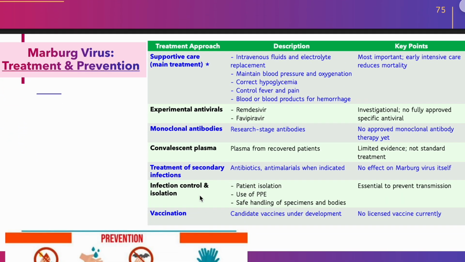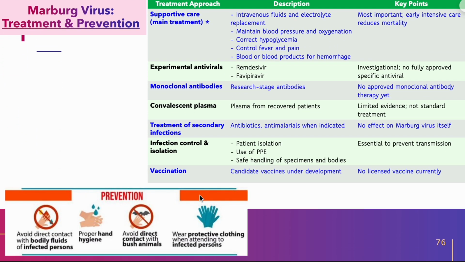For the treatment and prevention, the mainstream is still supportive care, like for Ebola virus, so it helps a lot in reducing the mortality rate. For experimental antivirals, because Marburg is less widespread than Ebola virus, there is still no specific antiviral.